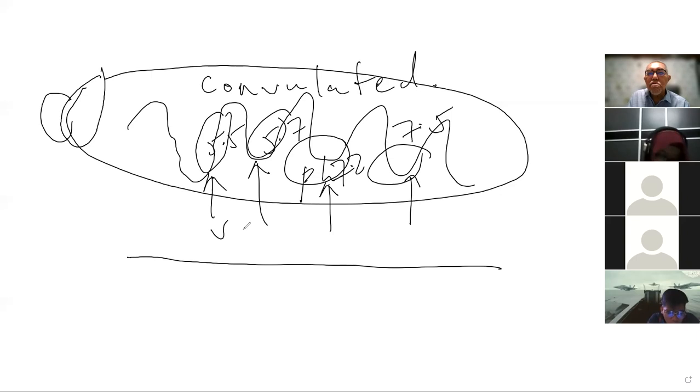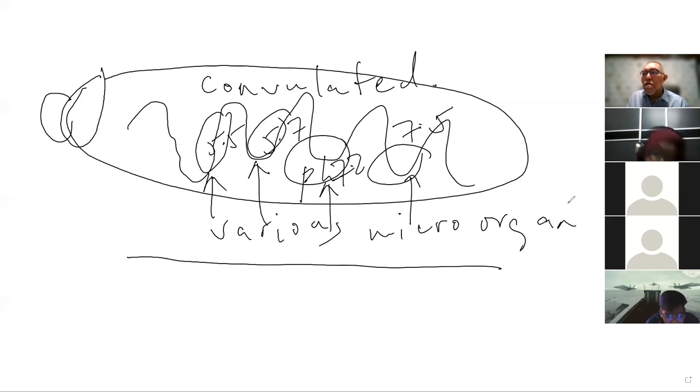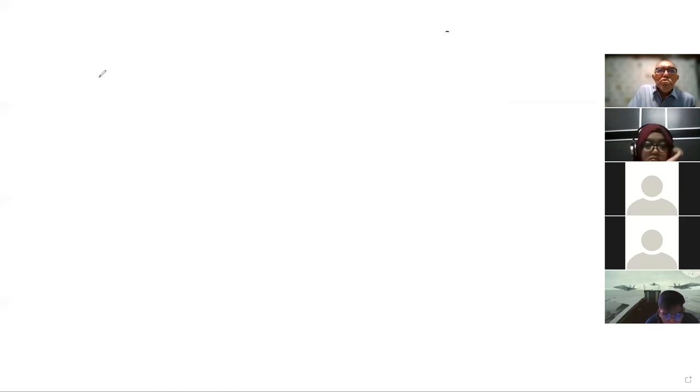So you have various microorganisms that help in providing a complete diet for the termites. Okay. Now, let's look at the digestive process.